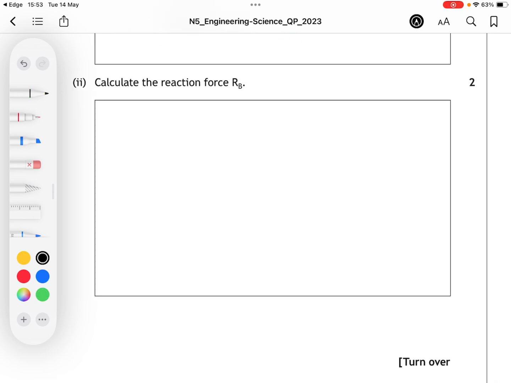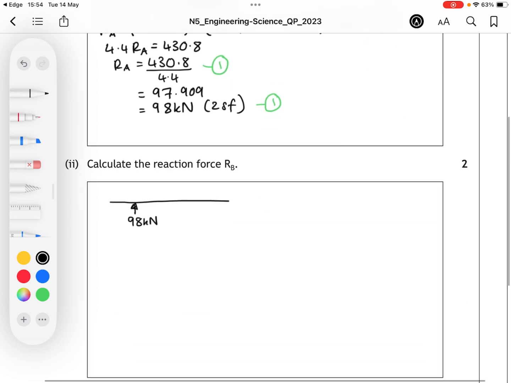So I'll just redraw our beam again. We now know RA is 98 kilonewtons, and just checking what RB is. RB here, we don't know yet. We know we've got 82 kilonewtons of force there, and we know we've got 32 kilonewtons of force there.